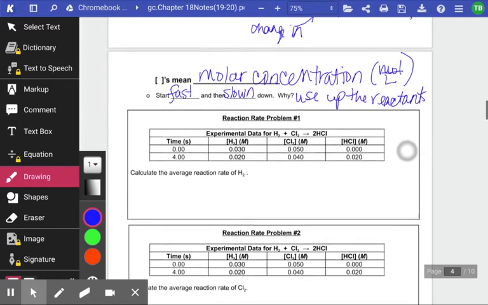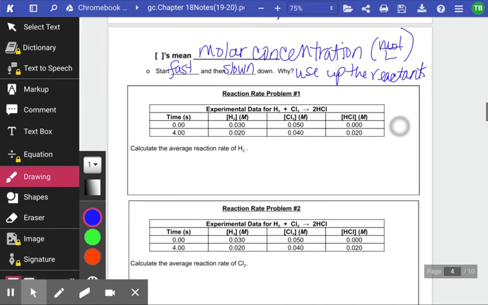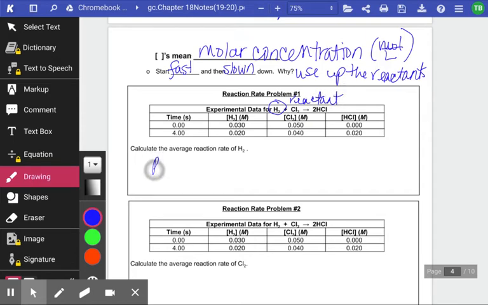All right, so we're going to calculate reaction rate for this given reaction here. Our experimental data is hydrogen gas plus chlorine gas producing 2 hydrogen chloride molecules. So calculating the average reaction rate of hydrogen. Hydrogen, notice, is a reactant. Since it is a reactant, to calculate my rate of hydrogen, we are going to include that negative sign.